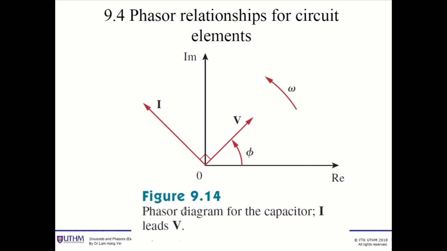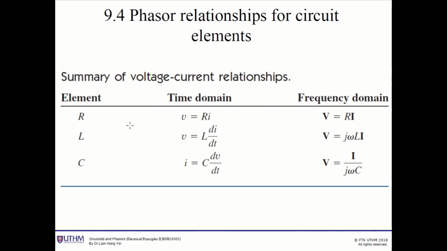From this phasor diagram, we know that the current is leading the voltage, and the current and voltage have a 90 degree difference, with the current leading while the voltage is lagging behind. This is a summary of the phasor relationships. As I said before, the phasor domain is basically a frequency domain. So we have the time domain, the frequency domain, and the difference between the elements R, L, and C.